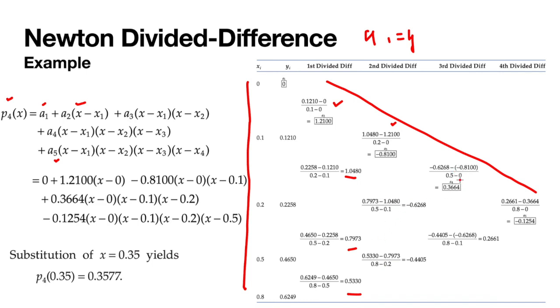When we calculate a4, it will be minus 0.626 minus, or become plus 0.810, and the x values will be the corresponding root values, which will be 0.5 and 0. And when we move on towards a5, it will include both 0.8 and 0, and the y values will be these two values, 0.266 and this.